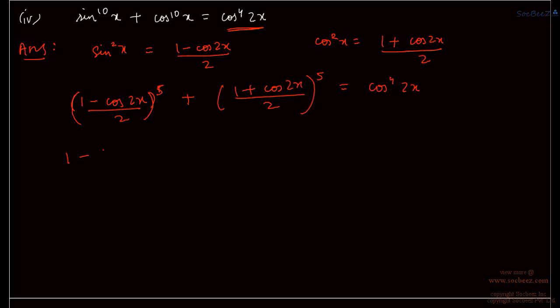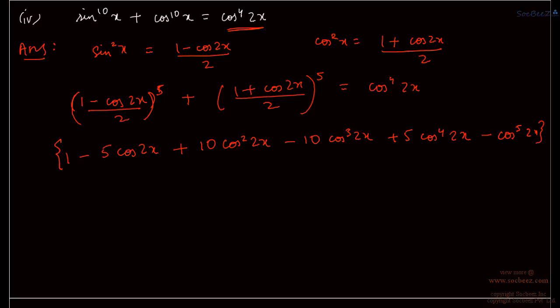What you get is 1 minus 5 cos 2x plus 10 cos squared 2x minus 10 cos cube 2x plus 5 cos power 4 2x minus cos power 5 2x. This is our first term.